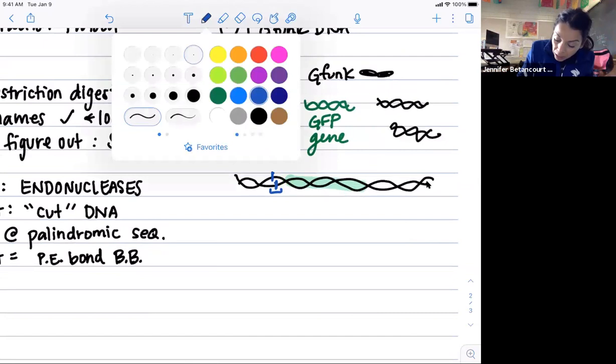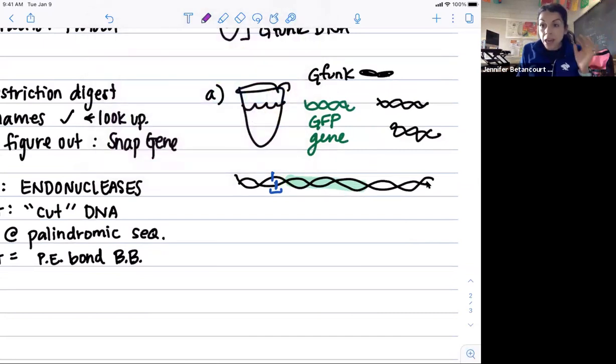Then you use a different restriction enzyme, if it's possible, that cuts a little bit further downstream. And this is the palindromic sequence for restriction enzyme number 2. Remember, this is all happening in a tube. You add the restriction enzymes in, you add the appropriate buffer in, and you let the enzymes do their job.